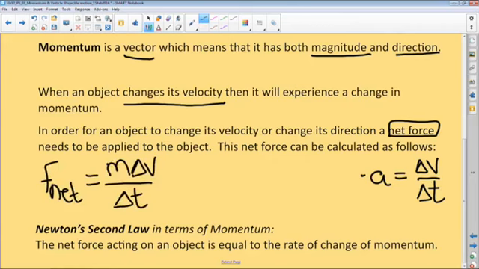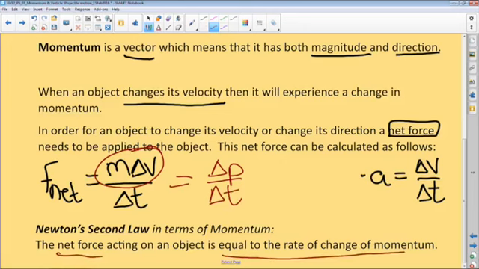So this part here is the change in momentum, and I can write it like this. That gives me my next definition, which is Newton's second law in terms of momentum: net force is equal to the rate of change of momentum. Rate of change means divide by time.